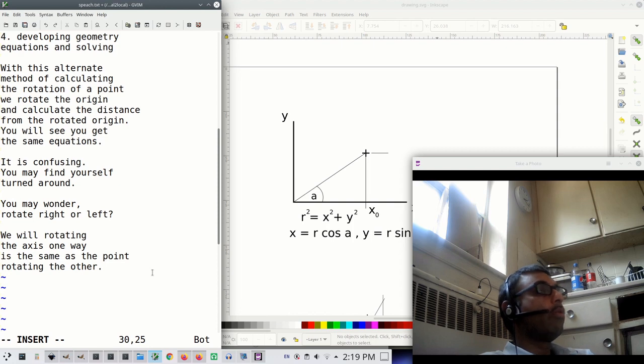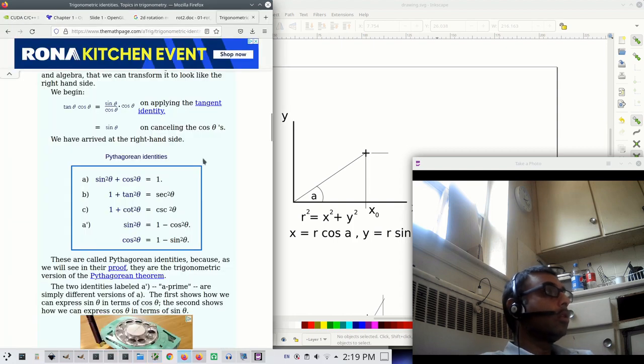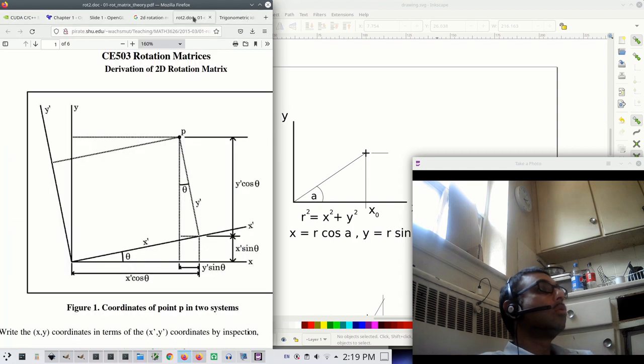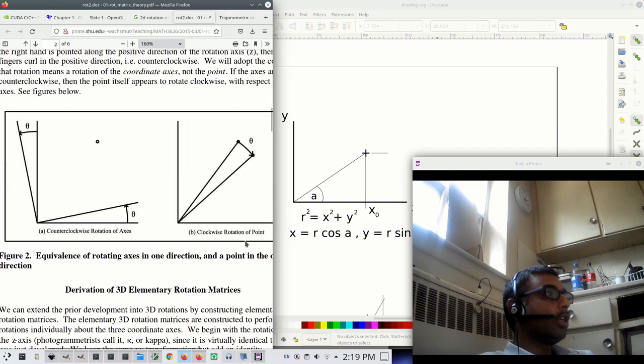So the convention is for positive rotation to be counterclockwise. So if we want to rotate a point counterclockwise, we need to rotate the axis clockwise. Here's the diagram, and you'll see the mention that counterclockwise rotation of the axis produces clockwise rotation of the point.